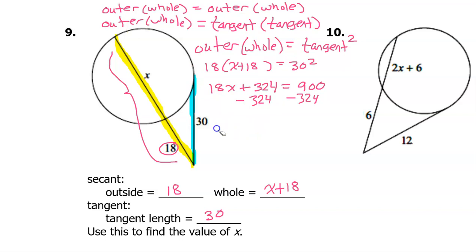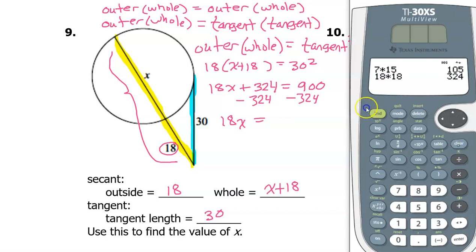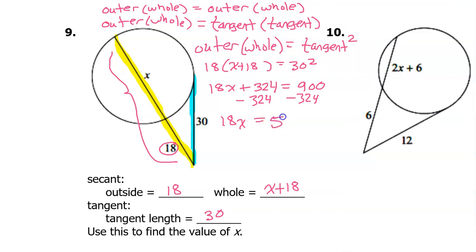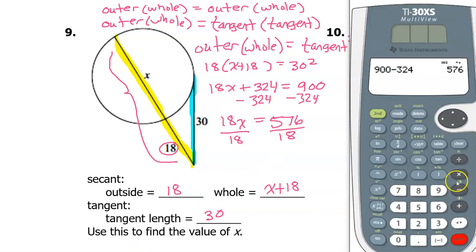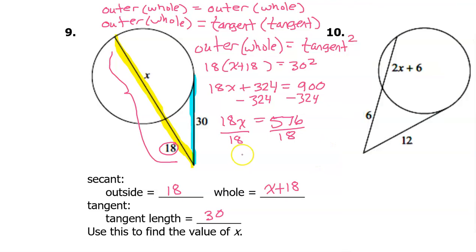All right, this word tangent is a little bit in my way. So now I'm going to have 18x is equal to 576. And last step is to divide both sides by 18. So we get x is equal to 32.